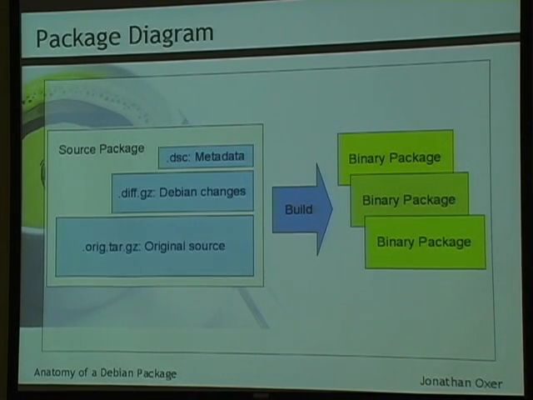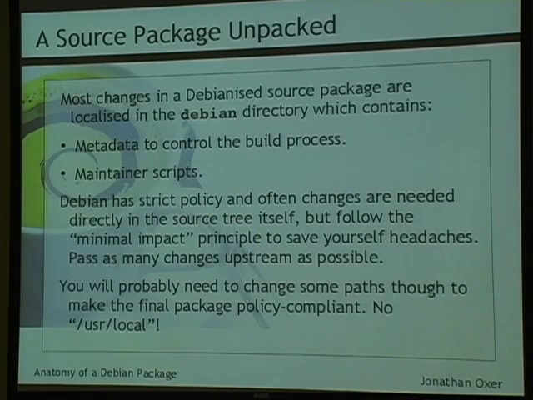The Debian changes, which have been applied to that particular source tree, and the metadata. So this is what gets turned into the binary package with those three equivalent elements that we looked at before. So a source package, very similar. Once again, probably not any need to go through this right now because we'll see it live in a second.